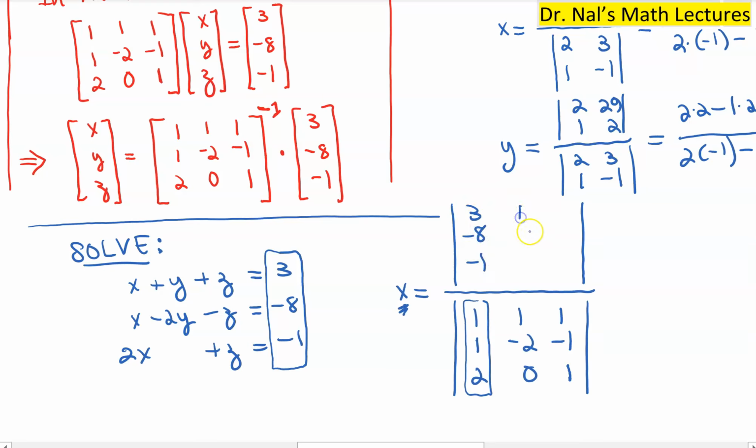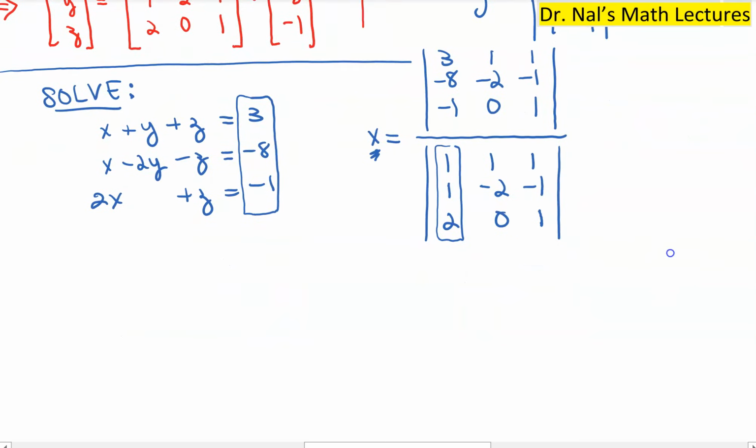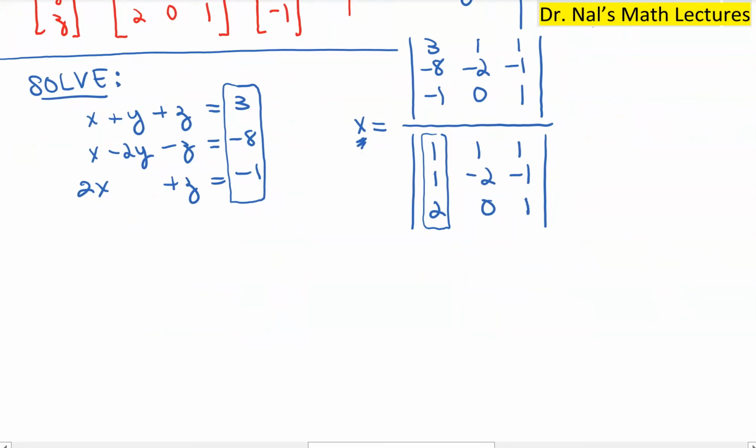The other two columns are intact: 1, minus 2, 0, 1, 1, minus 1, and 1. There you go. Let me actually go ahead and remove all the other things. All right, that's it. That should give us the desired result for this one. And we can do pretty much the same idea for the y.